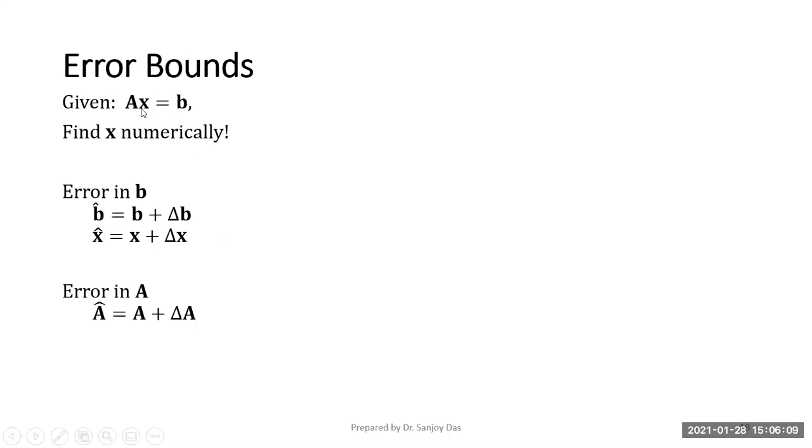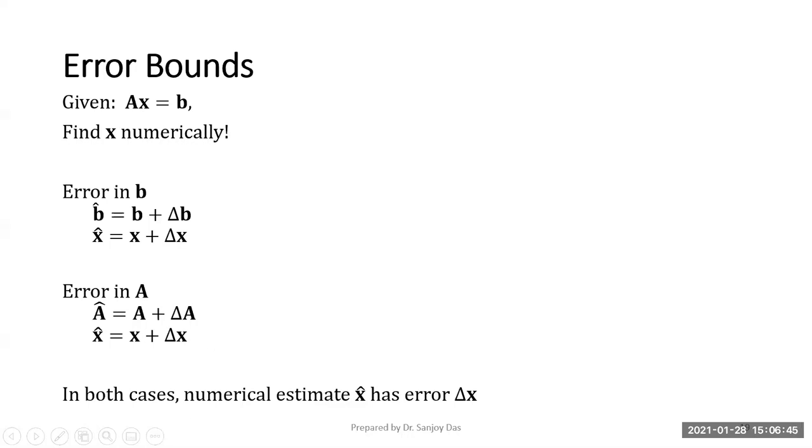Likewise, I'm not going to go through this, but there could be an error in A also, in which case A hat is equal to A plus delta A. Delta A would be the error in A, and again, solving for X would give us X hat equals X plus delta X. But we'll focus on the first one, and my slides do have this, and you can look it up. The derivation is very straightforward.